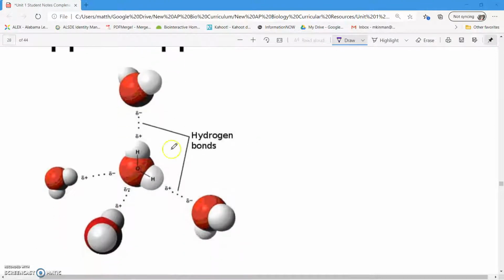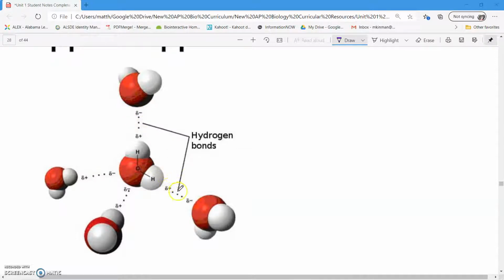So here are 1, 2, 3, 4, 5 water molecules. So you'll notice, look at the center water molecule. What is it doing? How's it interacting with this water molecule and this one and this one and this one? Well, here's one of your hydrogens with this positive region with this hydrogen bond. See the dots that indicate the hydrogen bond, this weak attraction, and it is pulling towards this electronegative oxygen.